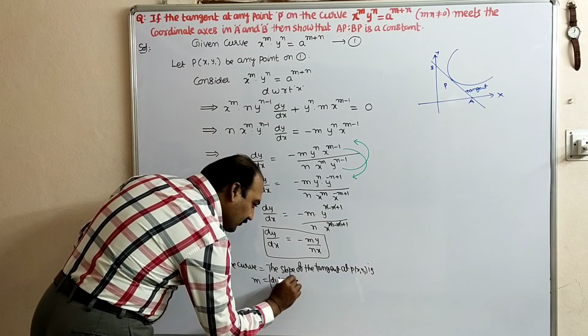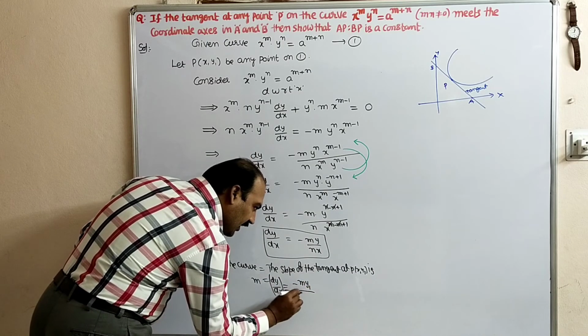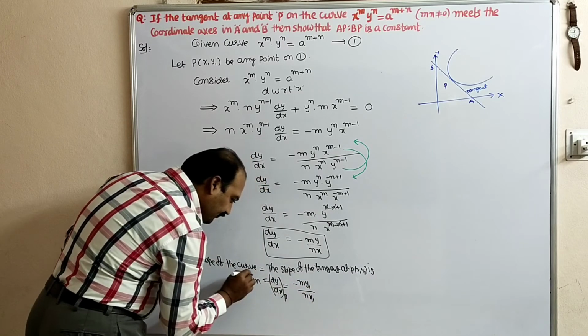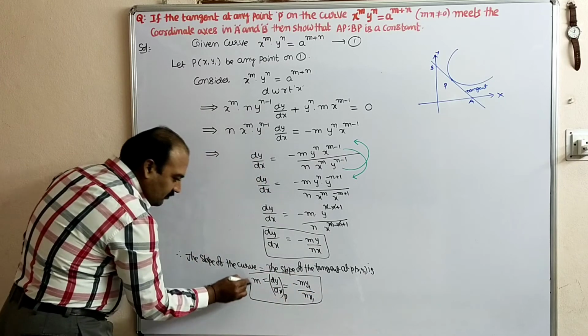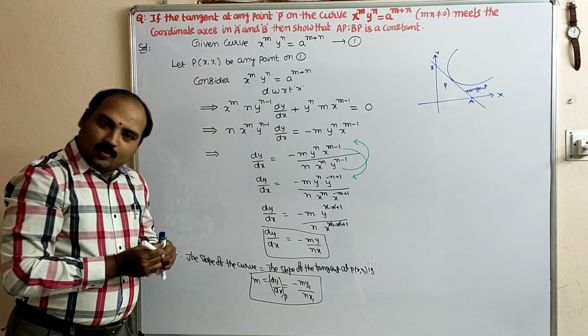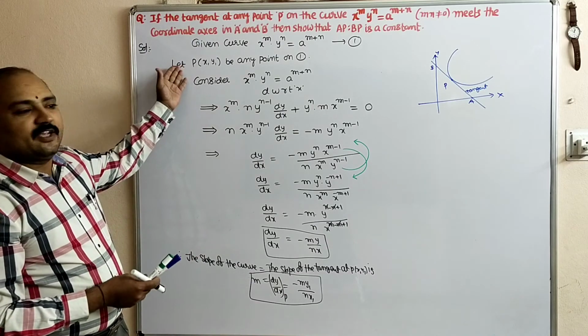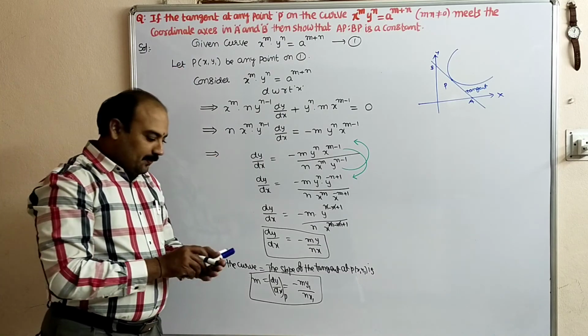So minus m y1 divided by n x1. This is the slope. Slope we know, point also we know, x1, y1. Slope point form we can apply.